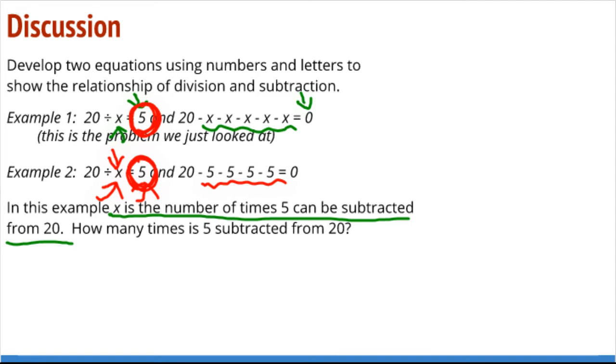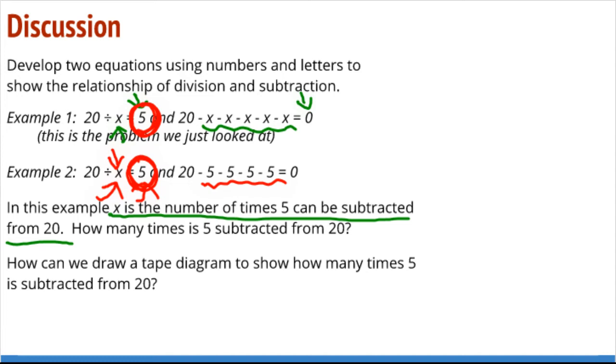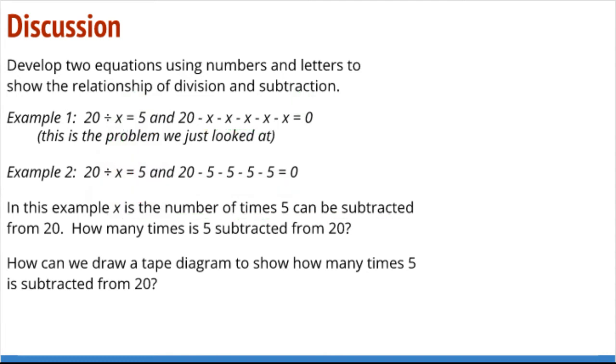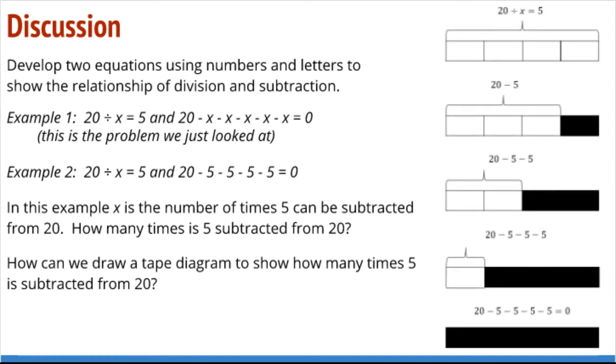And how many times is 5 subtracted from 20? Well, we know that it's 4. And how could we draw a tape diagram to show how many times 5 is subtracted from 20? Well, here is our tape diagram. And we know that each of these will be 5.